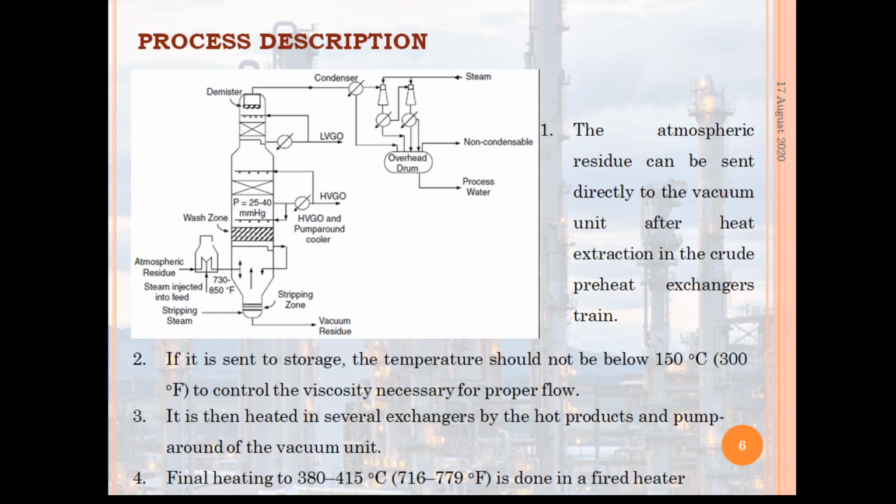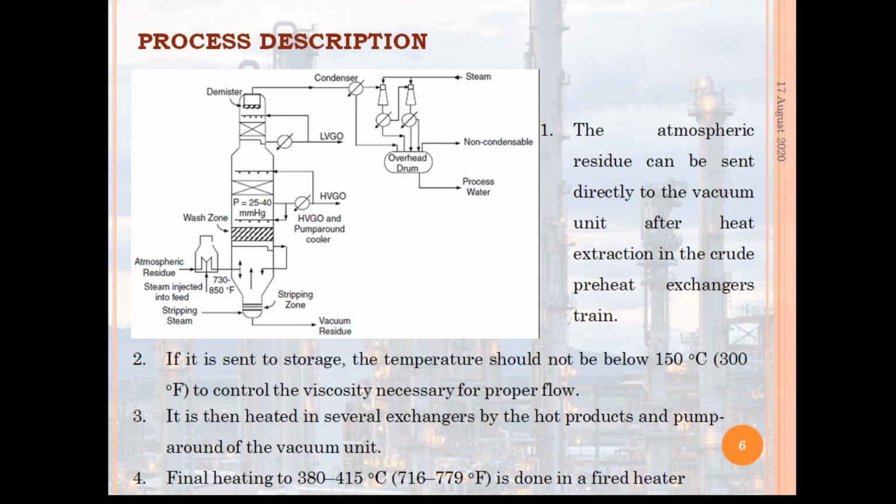So the atmospheric residue can be sent directly to the vacuum unit after heat extraction in the crude preheat exchanger train. Okay, so what is this crude preheat exchanger train?